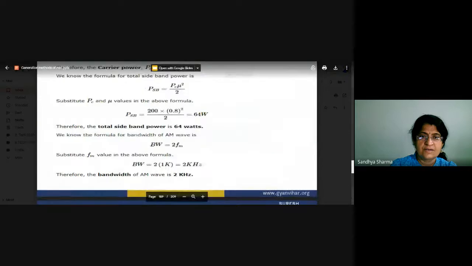So this is a numerical in which we have to calculate the carrier power and sideband power. Once you have calculated them, you can also calculate the efficiency of our transmitting station, or the bandwidth of our system. There are many parameters you can calculate with the help of different formulas.